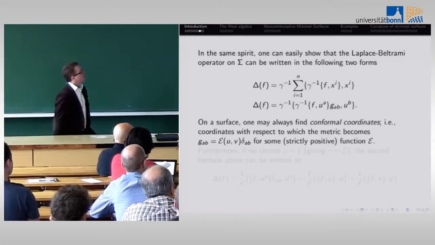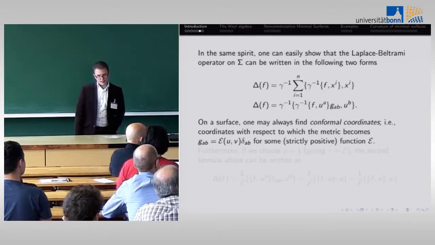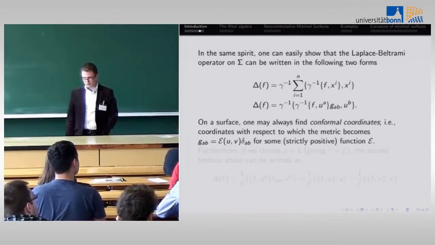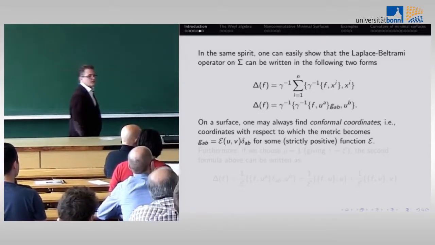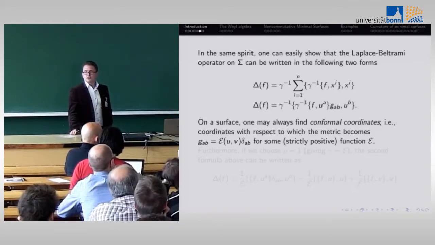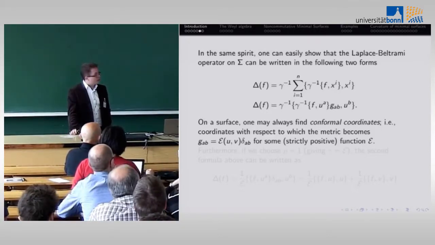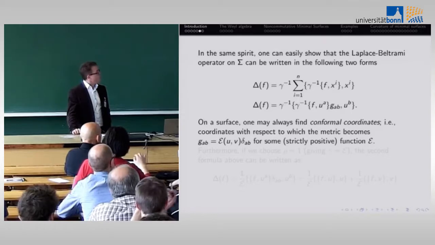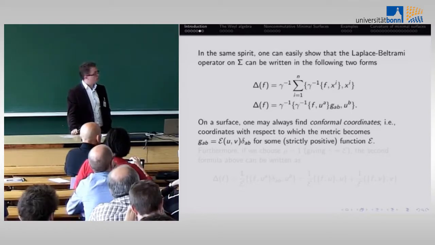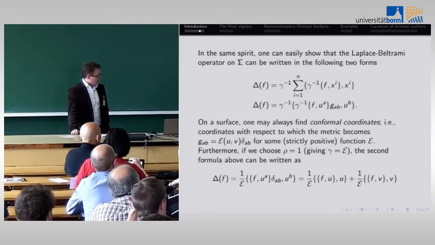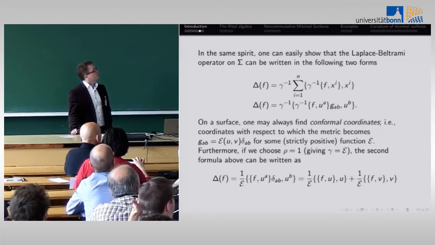Simple. And furthermore, on a surface you can always find conformal coordinates. Conformal coordinates are coordinates such that the metric is diagonal and the two diagonal elements are equal. The two functions there are equal. Okay, so let's assume we choose such a parametrization, and we choose a Poisson bracket in a particular way with rho equals 1.